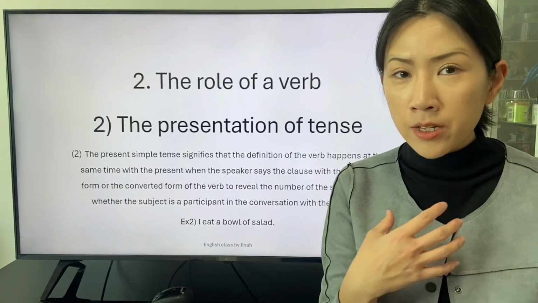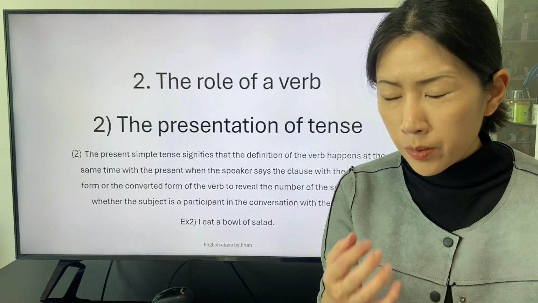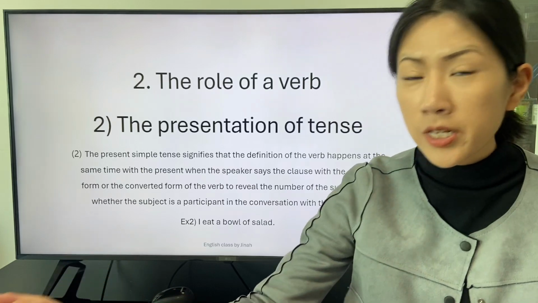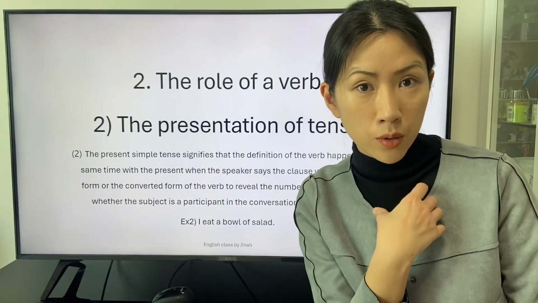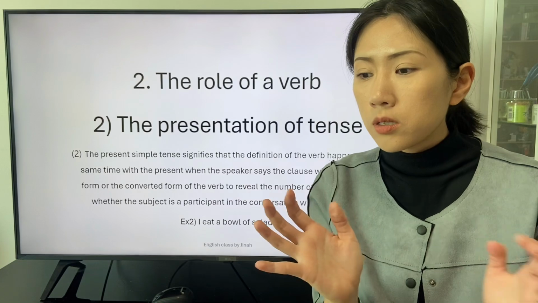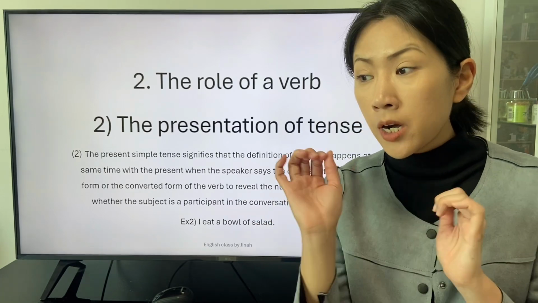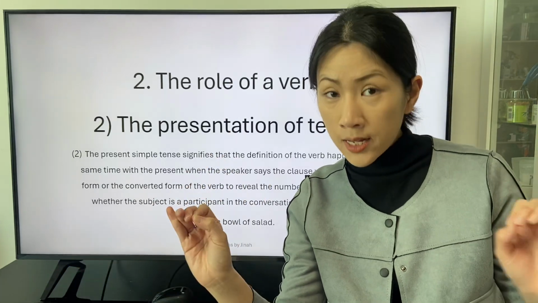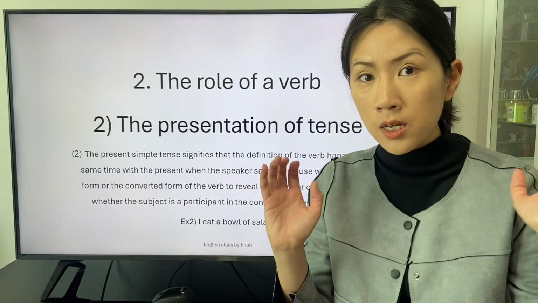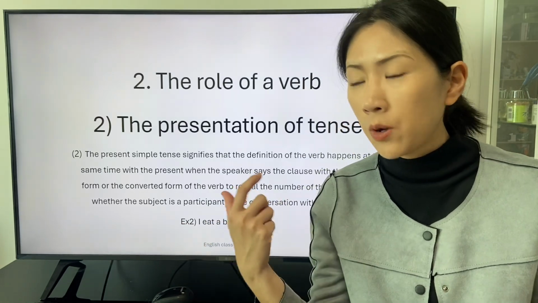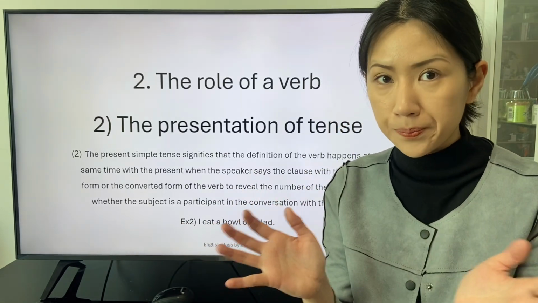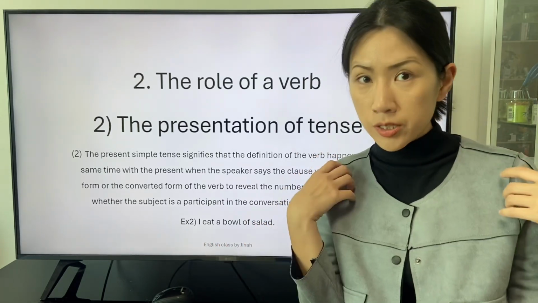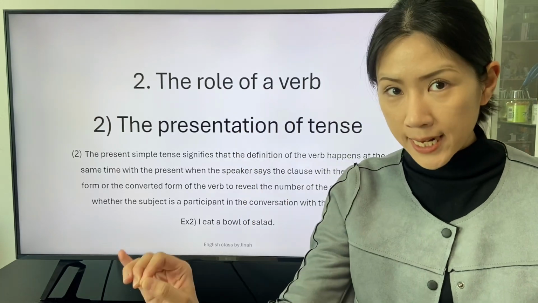The speaker and the listeners are more conscious about the subject who is a participant in the conversation. So, the speaker reveals that the subject of the clause is a participant in the conversation with the original form of the verb.